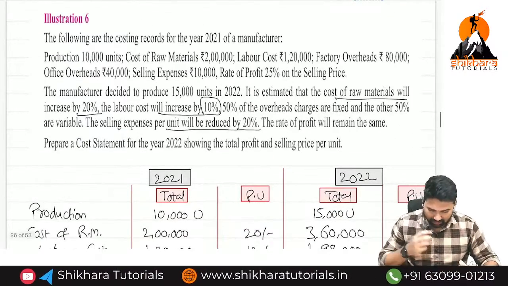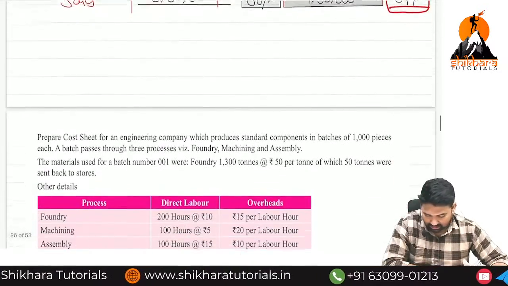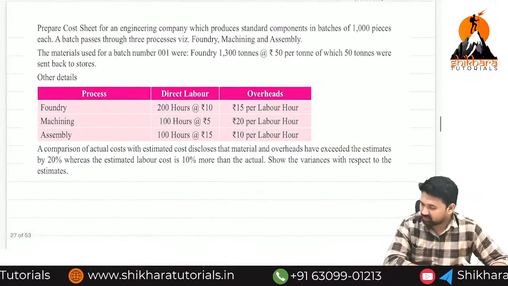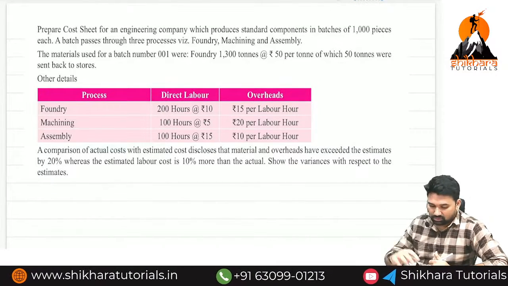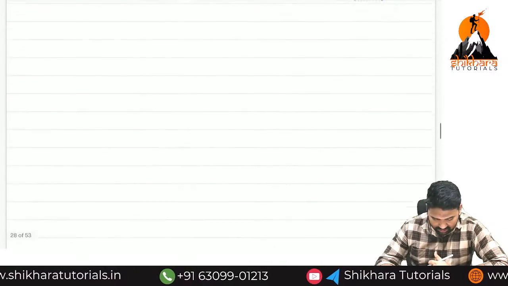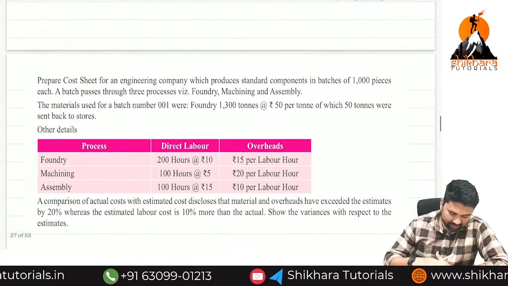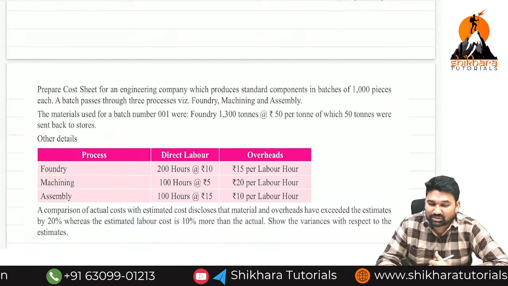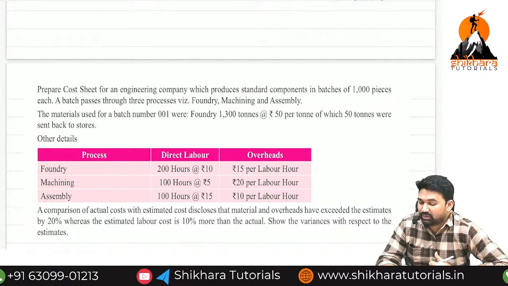Right. So we have completed illustration 6 in our previous session, right? The next illustration, have we made any discussion with respect to it? Okay, no problem. After completing this problem, there is one more problem, and after that, other problems.